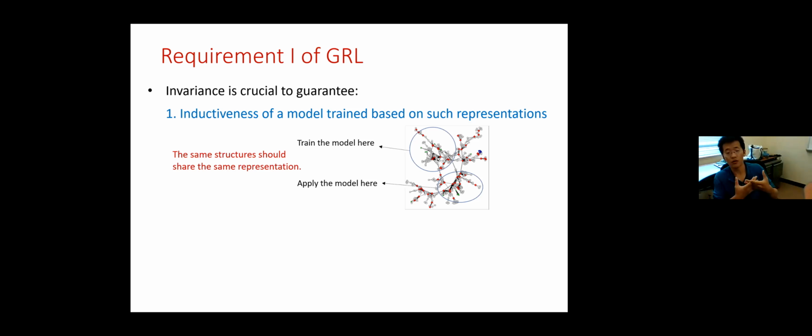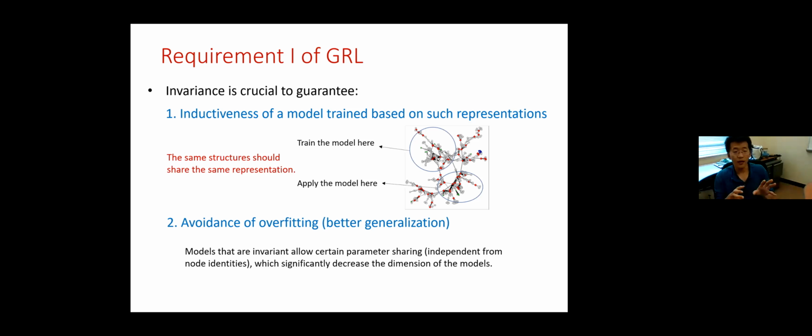If your model is able to do inductive learning, then the pattern in the testing data set that is the same as the one you encountered in the training data set should share the same representation. So an inductive model should satisfy this property.